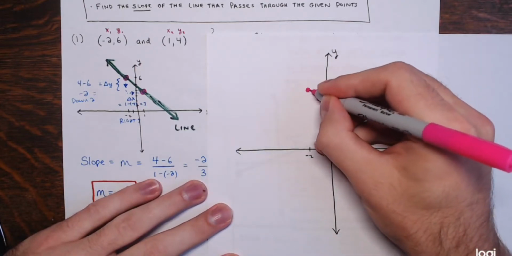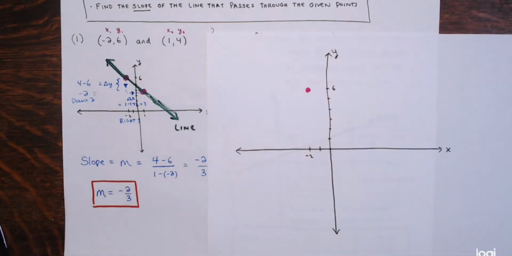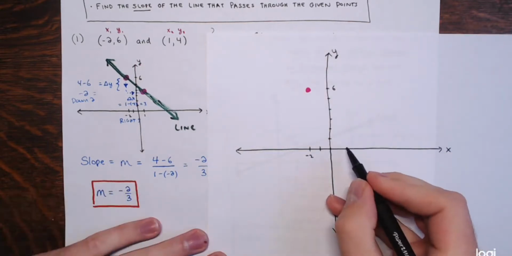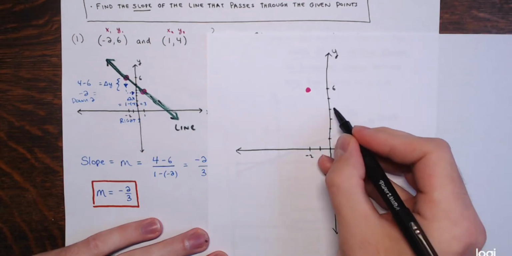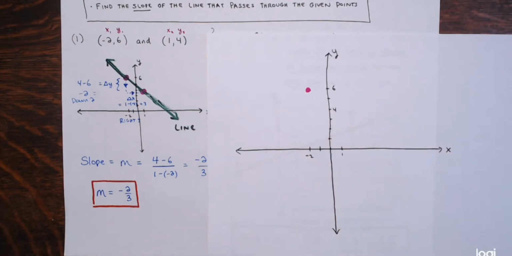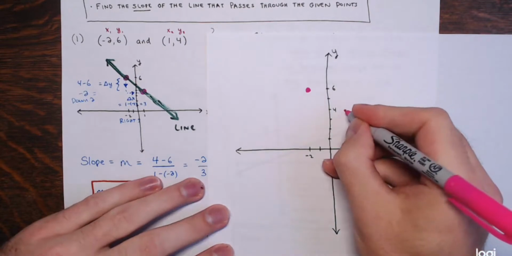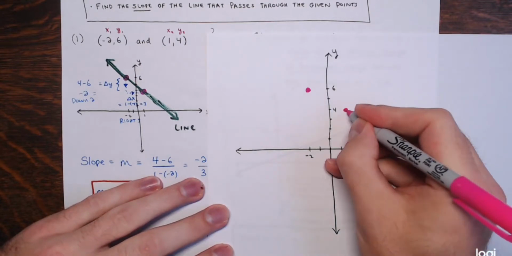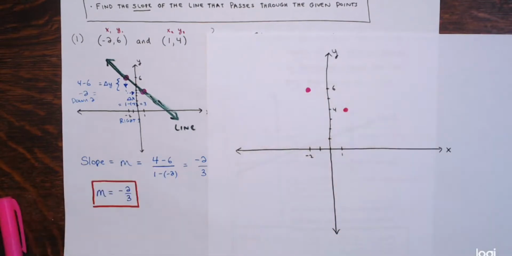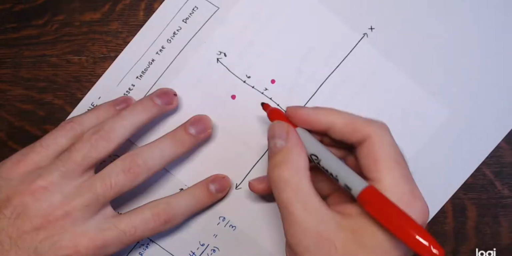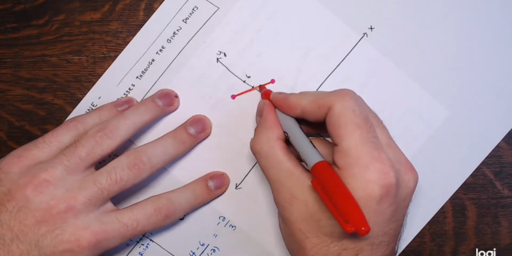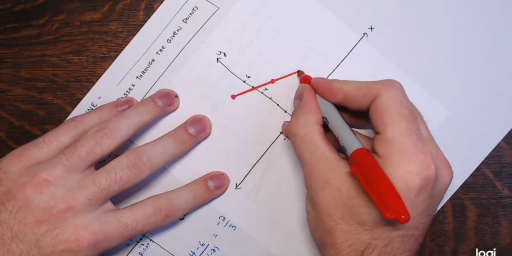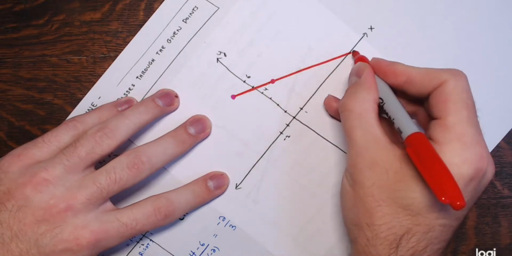There's negative 2, 6, and then 1, 4. Trying my best to keep things as evenly spaced as possible. And then the rest of the line, I'll draw it this time in red here. Here's the line that passes through these points.